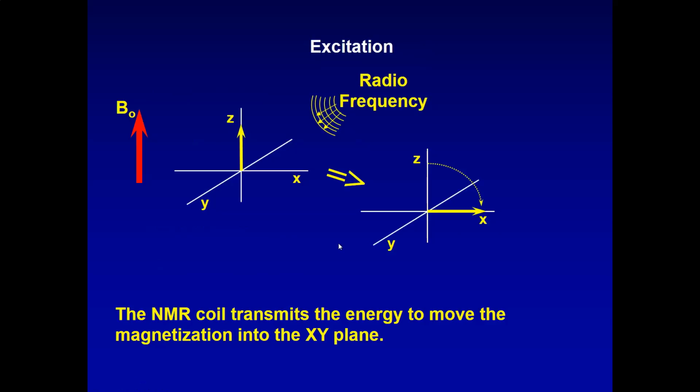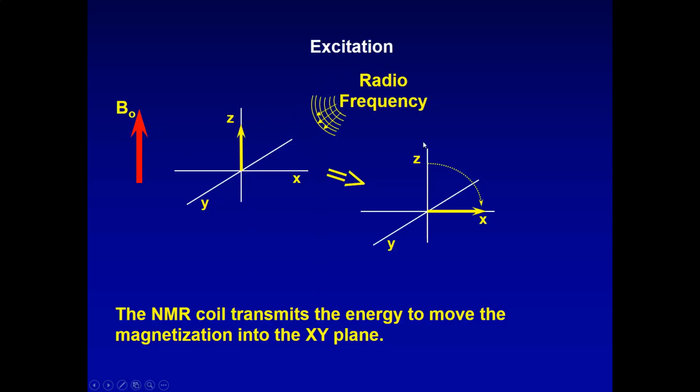Here is a picture that has become very common in this lecture series. We have an excitation of a net magnetization. Remember, the net magnetization is what results from putting a sample of spins, like a head, into a large magnet, represented by this red arrow, B0 being the value of the magnet's field strength.